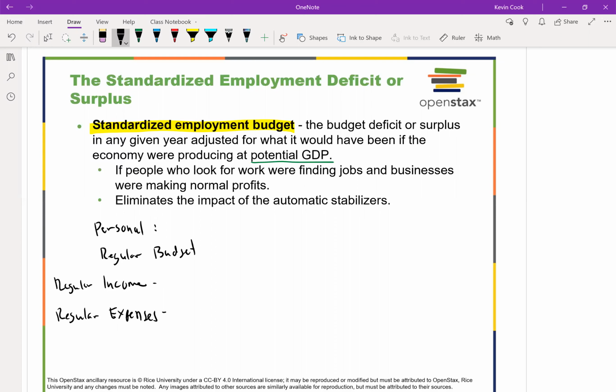So regular income is what I make from my full-time job. Then my regular expenses: I have bills that are consistent, and things I do that are fairly consistent. Maybe in the winter I do winter activities and in the summer summer activities, but some things stay relatively the same, like rent and insurance.